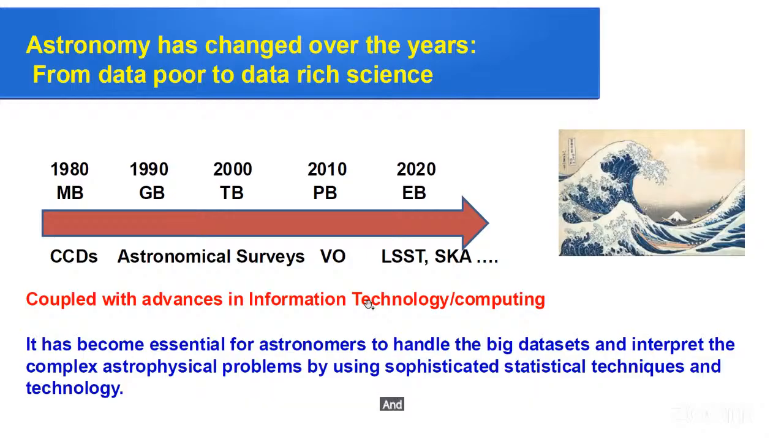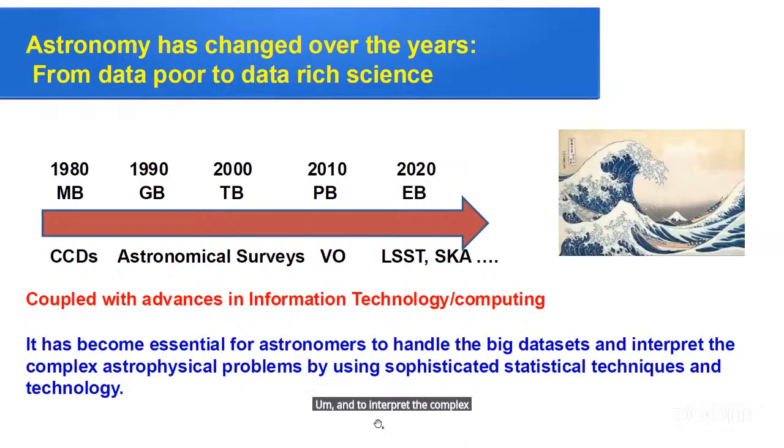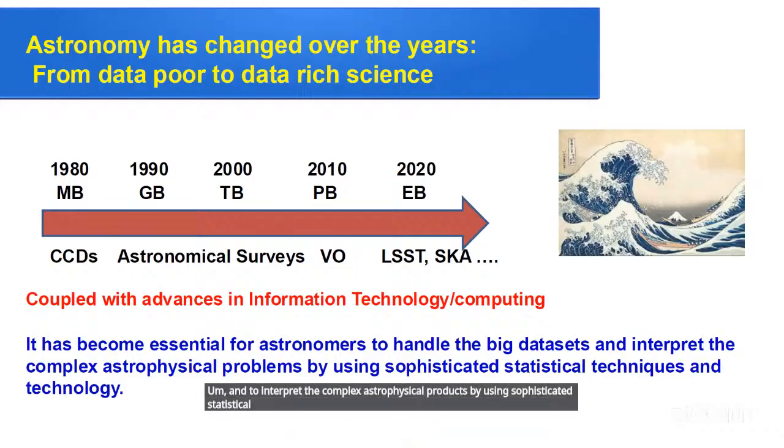Since there is a tremendous amount of data, it has become essential for us to use these big data sets and to interpret complex astrophysical problems by using sophisticated statistical techniques and technology. So programming has become very essential.